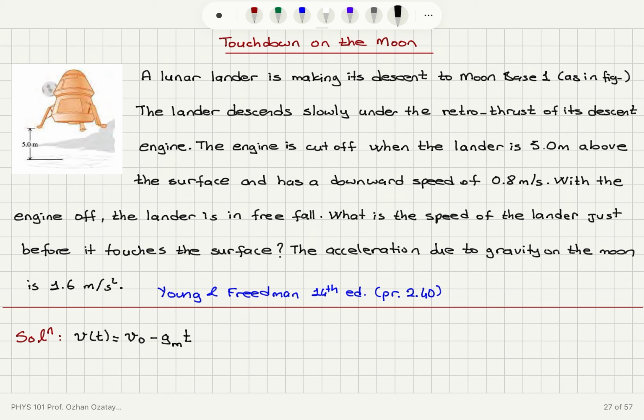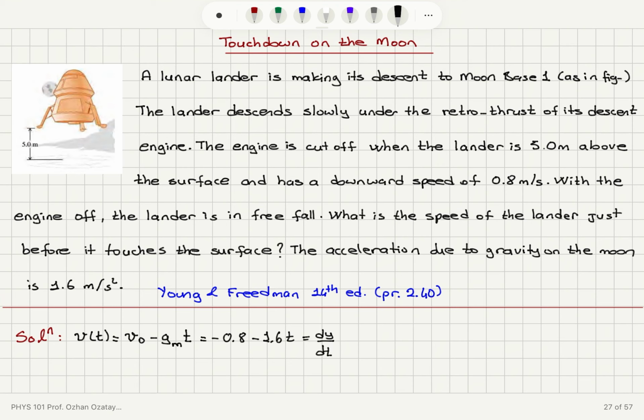And it has a downward speed, so it's negative, 0.8 meters per second. So this is minus 0.8 minus the gravitational acceleration, 1.6, so it's minus 1.6 t. And this is going to be equal to the rate of change of its position, dy/dt.